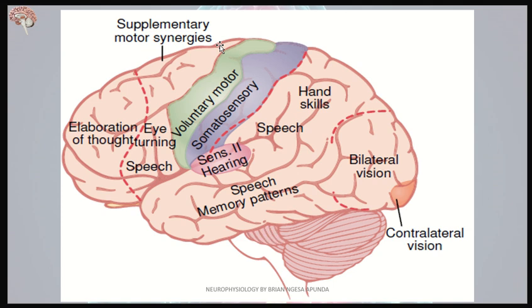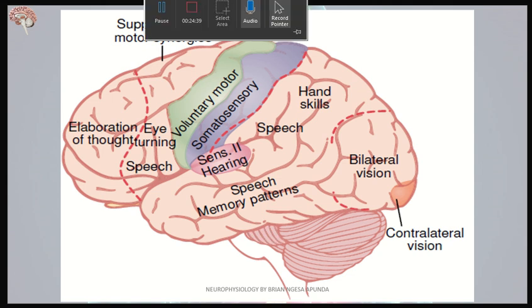For example, you are able to see the different functional areas of the cerebral cortex: the somatosensory area, and the voluntary motor area. Remember, that is the primary motor area. We can have some specific motor areas that control the movement of the eye and the movement of speech.